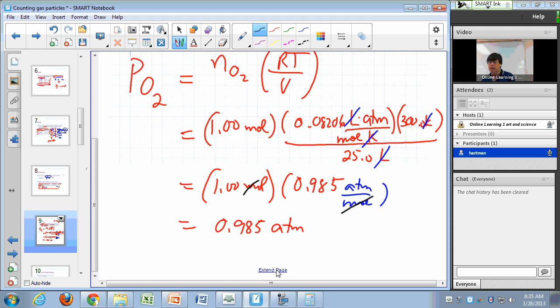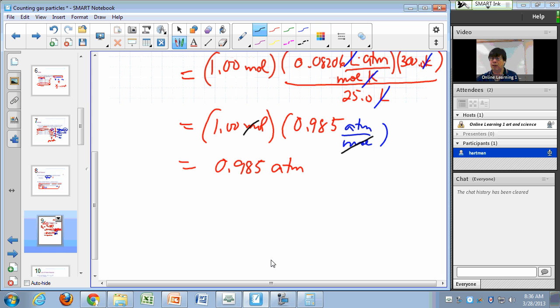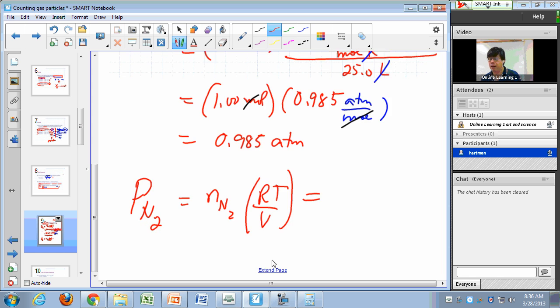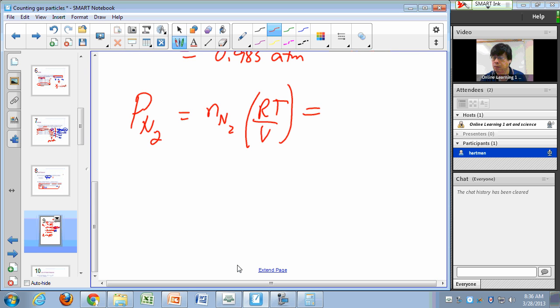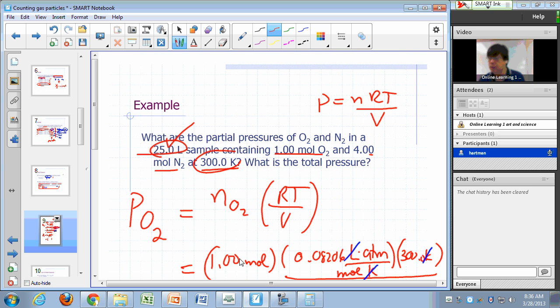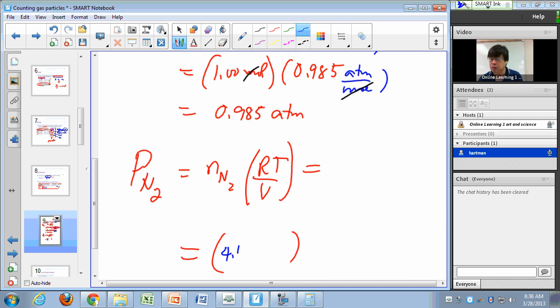Same thing, if you want to calculate the partial pressure of N2, what would you do? You write the same formula, except you're using N2. So the partial pressure of N2 is moles of N2 times RT over V. And we already know RT over V. How many moles of N2 do we have in this question? It has 4 moles of N2, so 4.00 moles of N2. And our RT over V, we've already figured that out earlier. That's why I calculated that separately.